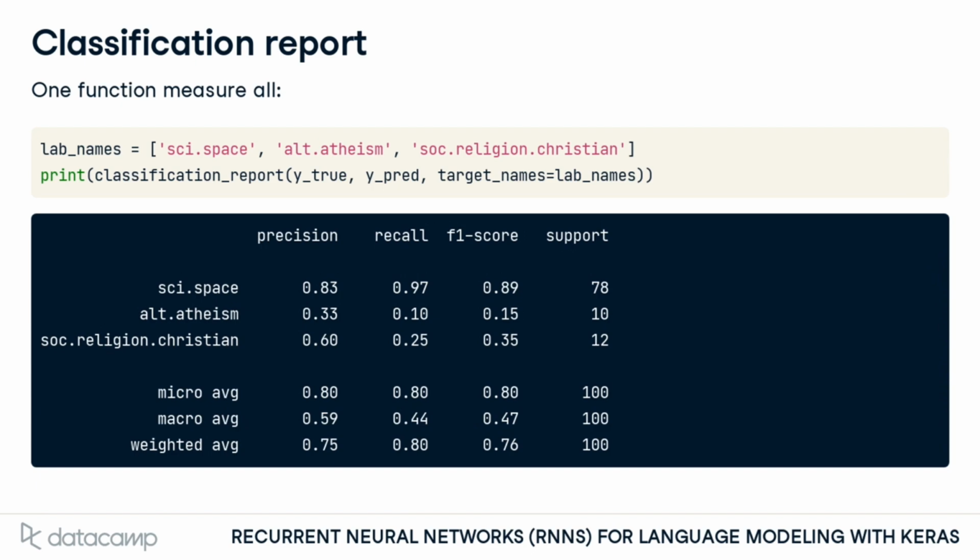At the end, it also shows values for micro average, macro average, and weighted average. Micro average is an average between true positive, false positive, and false negative rates and is one value for all classes. Macro average computes the average of precision, recall, and F1 score between all labels, and weighted average is the average weighted by support.